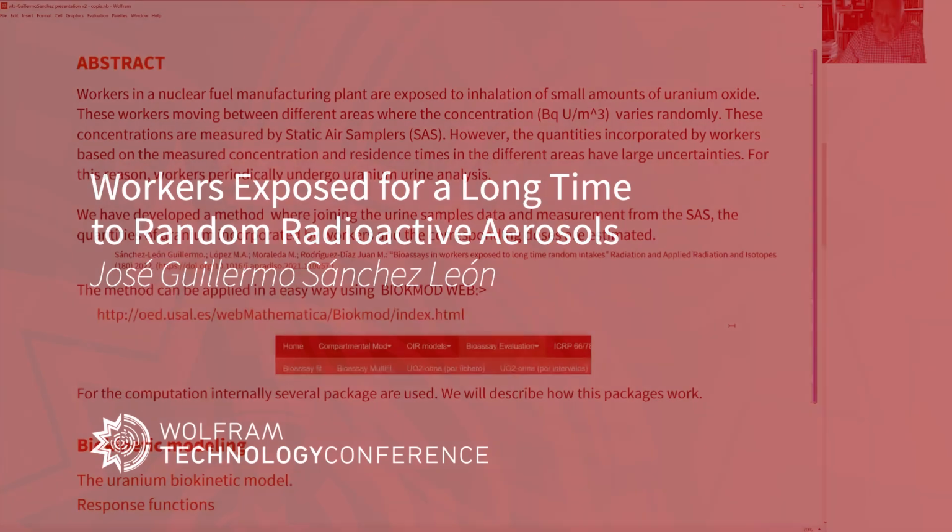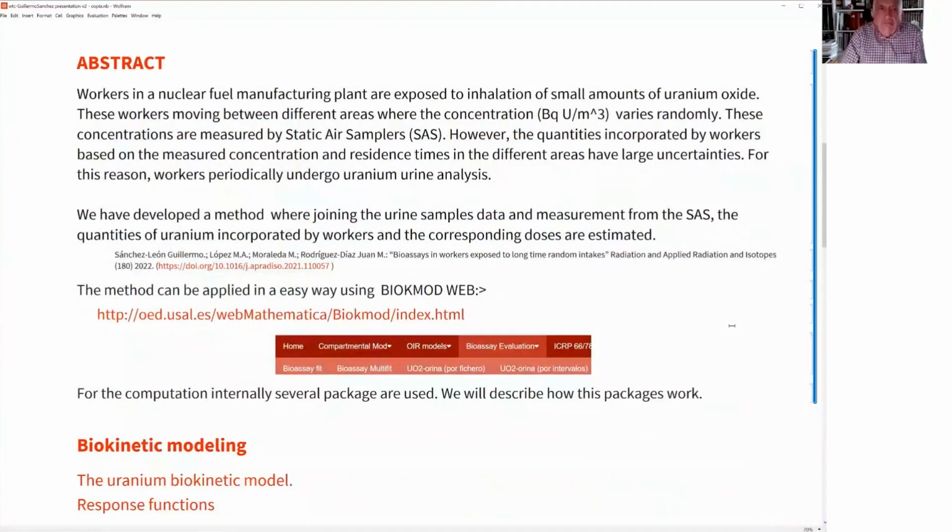In this specific case, workers in a nuclear fuel manufacturing plant are exposed to inhalation of a small amount of uranium oxide. These workers move between different areas where the concentration varies randomly.